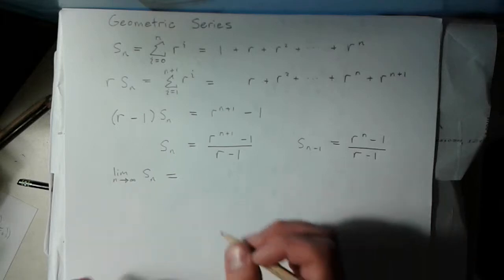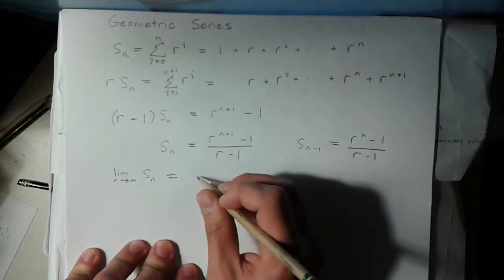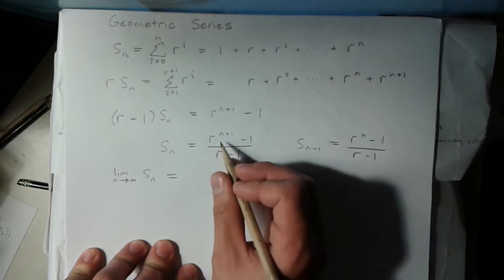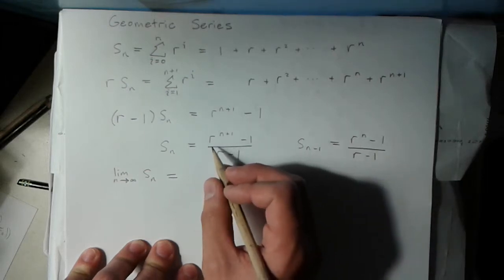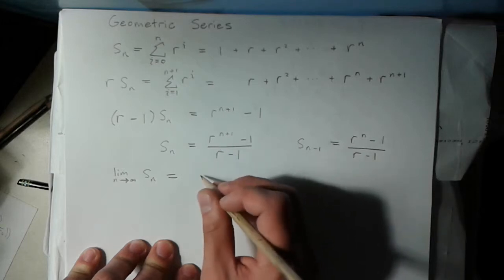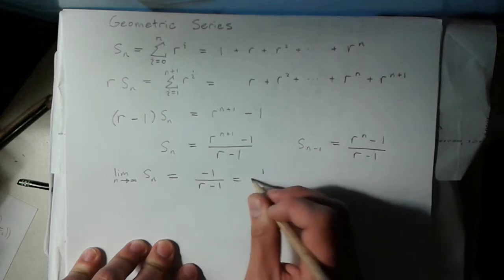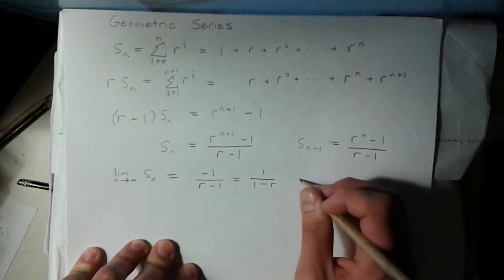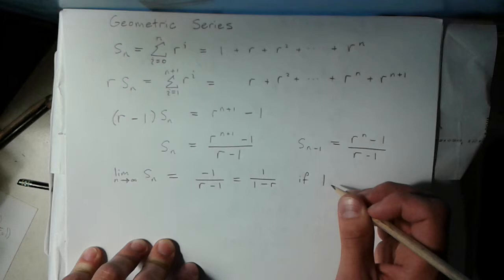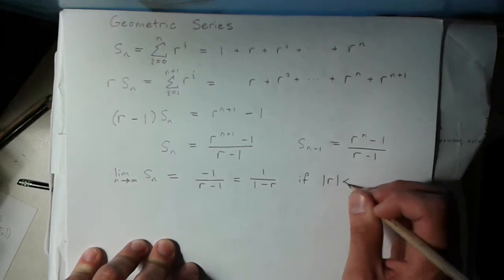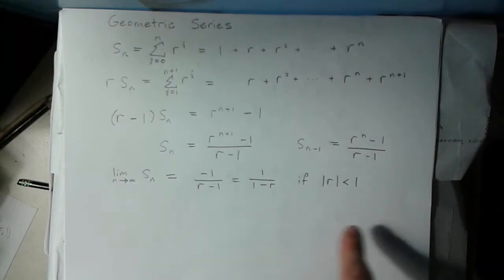The case we care about is when it converges. So if r is less than 1, then this is just going to be minus 1 over r minus 1, which is the same as 1 over 1 minus r. And this is if r is less than 1.